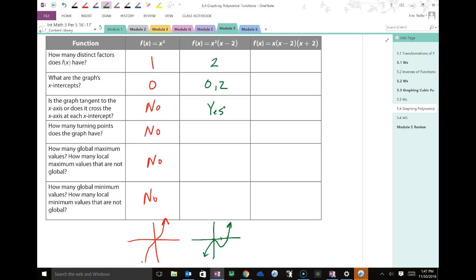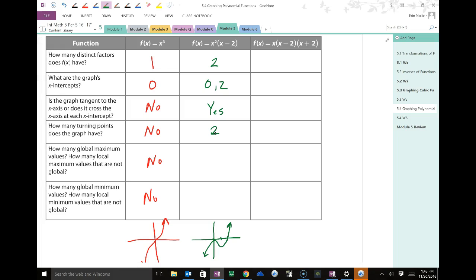Okay, do I have any turning points? How many turning points? 2. Okay, so turning point is basically like a maximum or a minimum. So I have 1 there and I have 1 there, so there's 2 turning points. How many maximums are there? Well, there's 1 max, a little relative max right there.